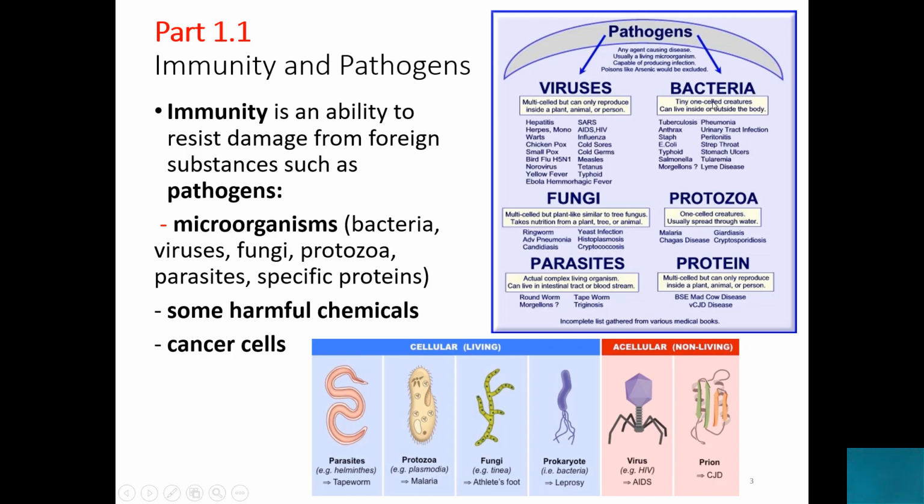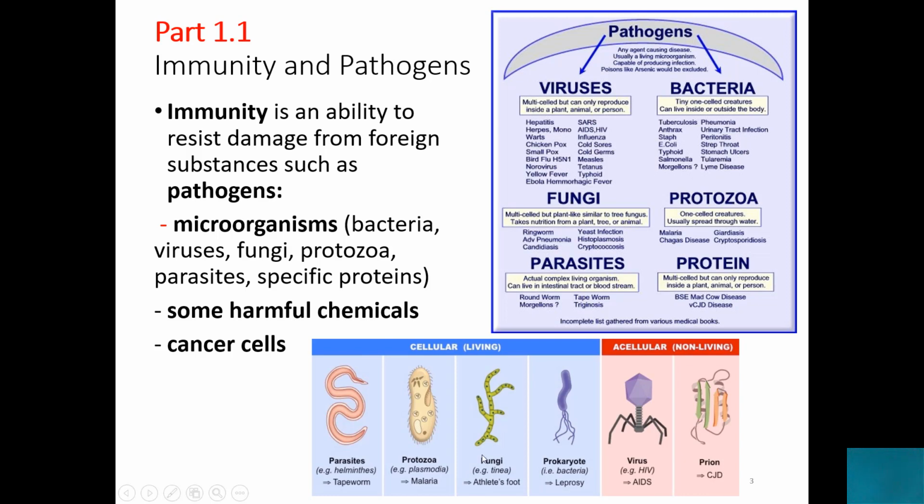Next one would be bacteria. Bacteria are one-celled tiny organisms. So here's an example of bacteria. It's one cell, sometimes it has extensions, and bacteria cause different diseases like tuberculosis, staph, E. coli, strep throat, and so on. Fungi.